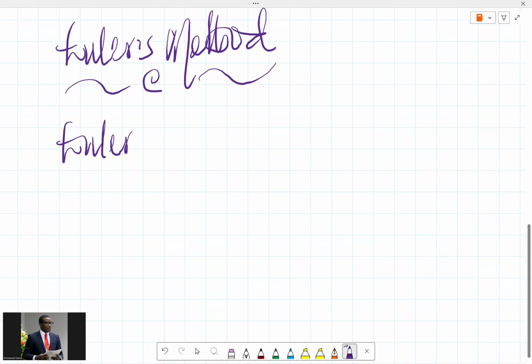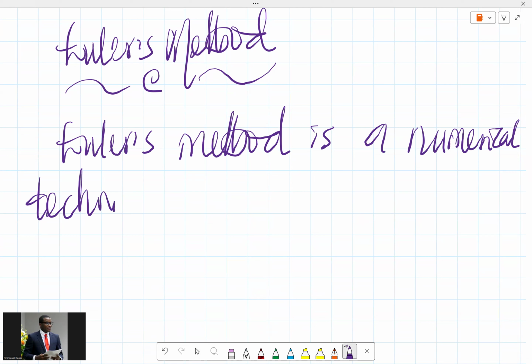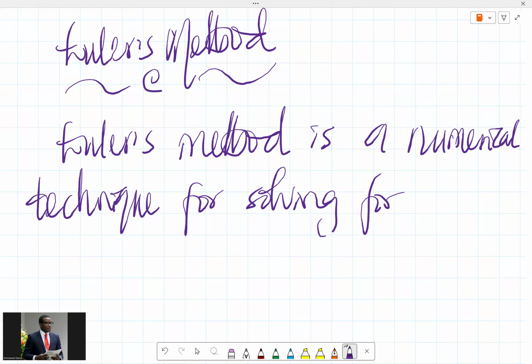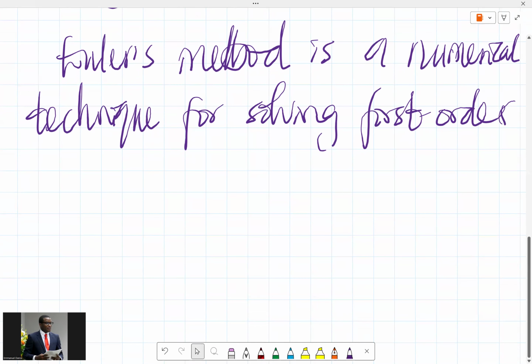Euler's method is a numerical technique for solving first order ordinary differential equations. It has to be first order. Beyond first order, it's not possible.